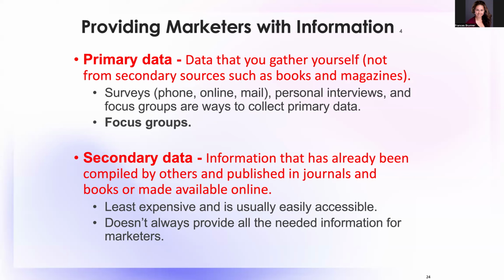This can come from journals or books or anywhere online. Secondary data is less expensive than primary data because you don't have to put in the footwork; the information is already available. However, secondary data may not perfectly align with your needs or tailor to your individual product, thus necessitating some form of primary data.